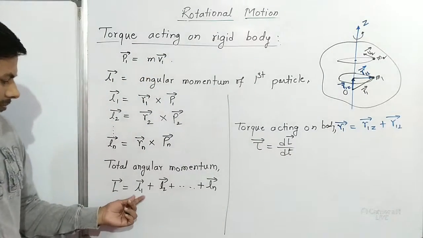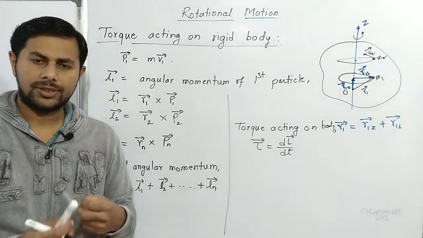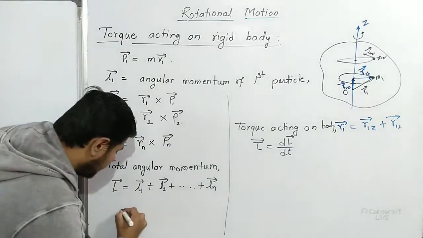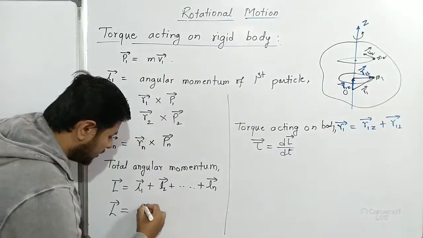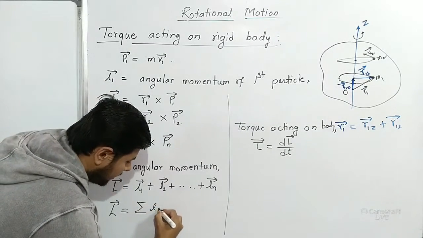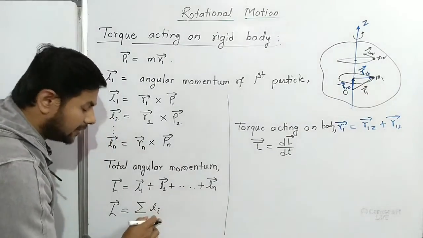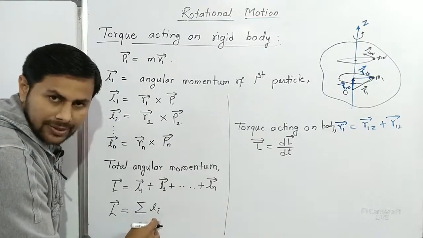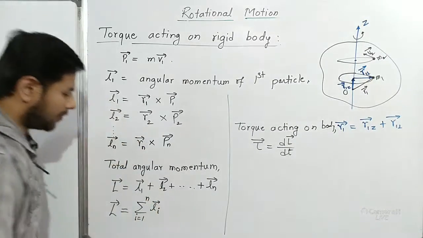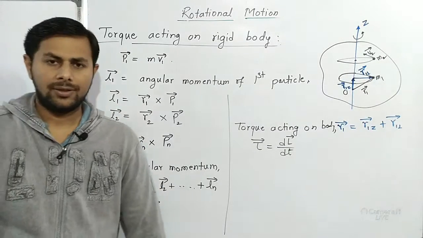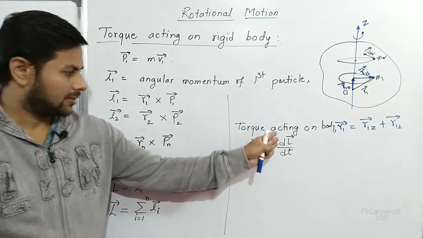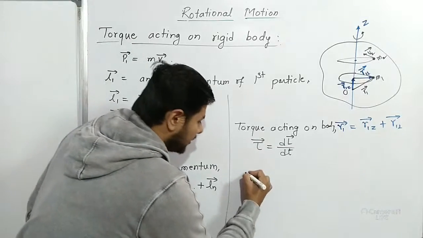And what is angular momentum? It is L1 bar plus L2 bar, so it is the sum of angular momenta of all particles within the body. In compact form it is the summation, i goes from 1 to n, of Li bar, where Li is the angular momentum of the ith particle. So the torque acting on the body is dL bar by dt.